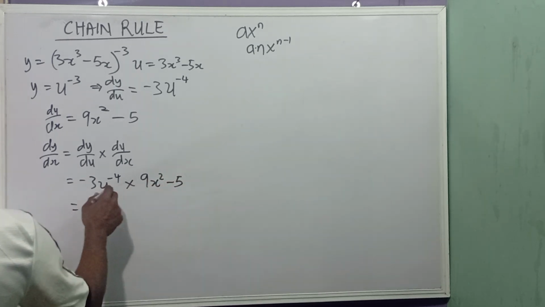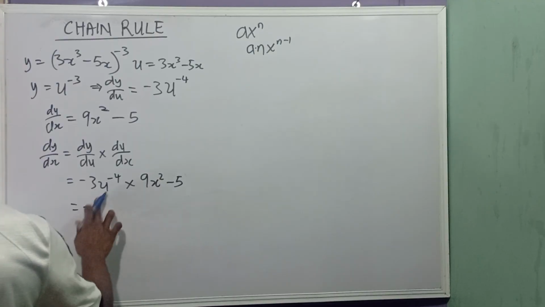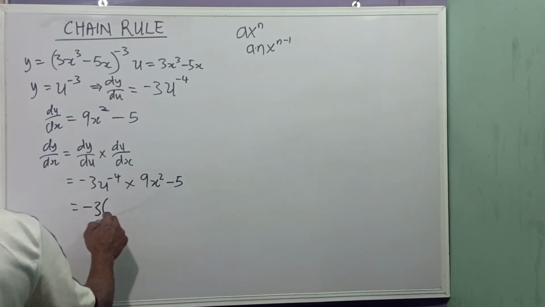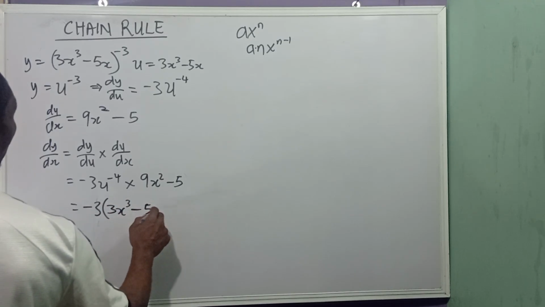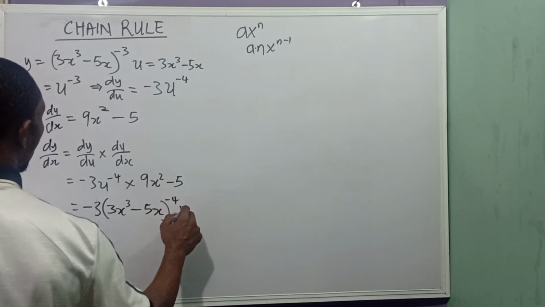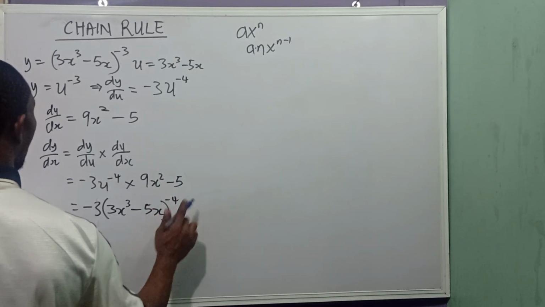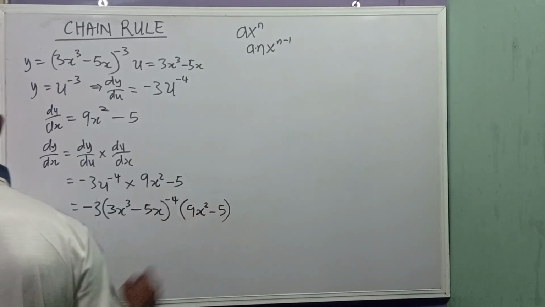And our u here is what? Minus 3 bracket 3x cubed minus 5x raised to power minus 4, times 9x squared minus 5.